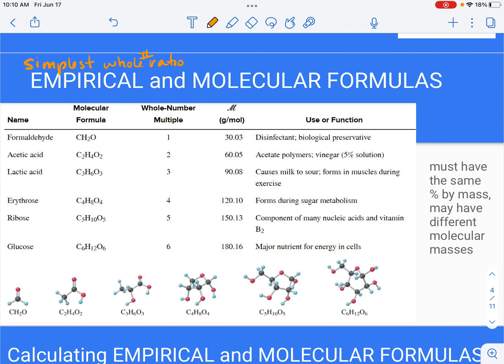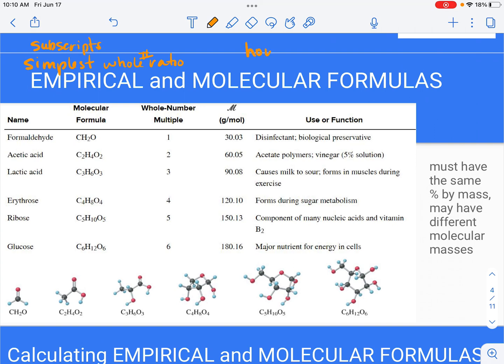They don't exist as an empirical formula. So you have to just kind of keep in mind that if you're talking about an empirical formula, it may or may not exist that way as a compound, but it will always be represented as the simplest whole number ratio. And of course, that's the ratio of subscripts. Okay, so this would be the subscripts are in the simplest whole number ratio.